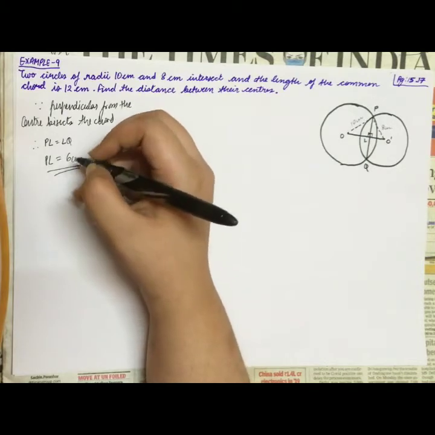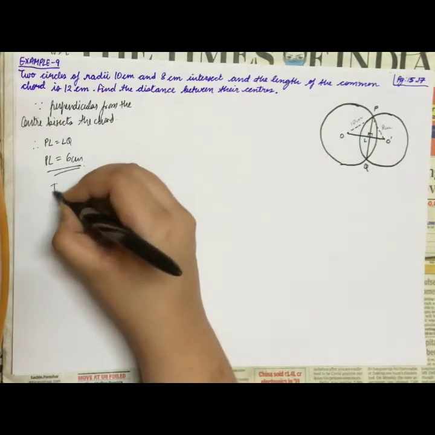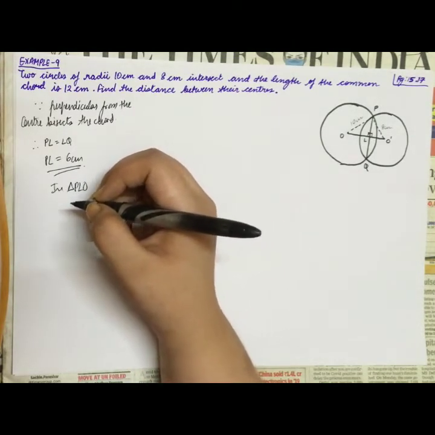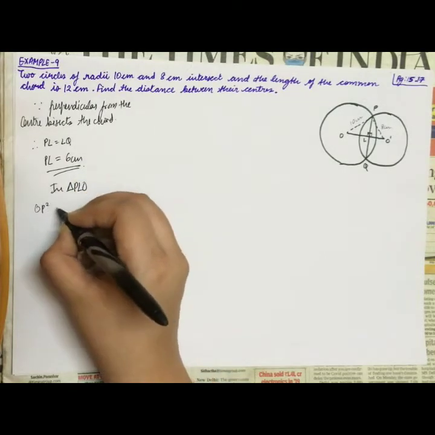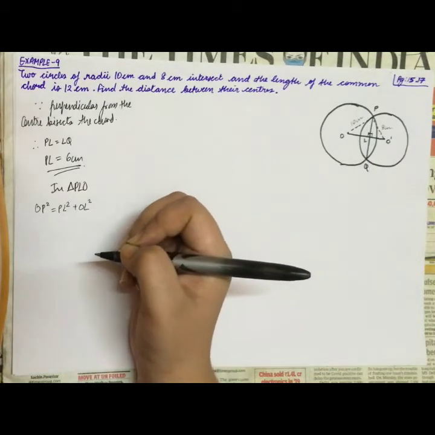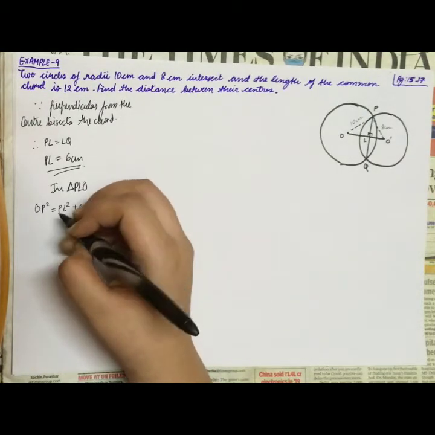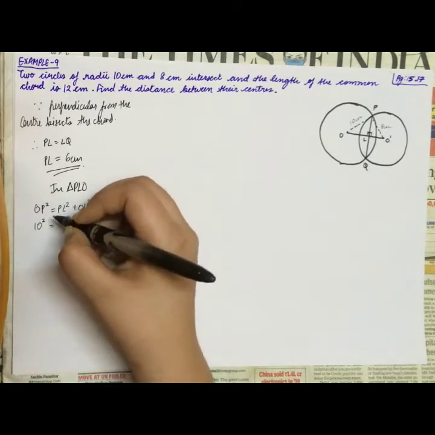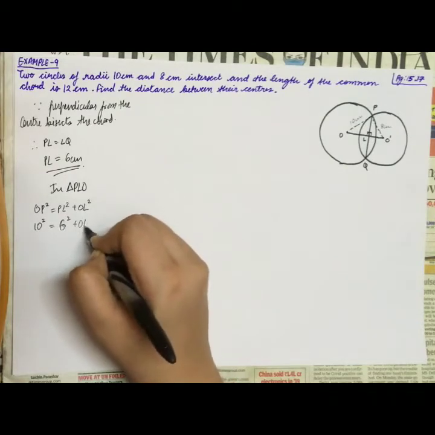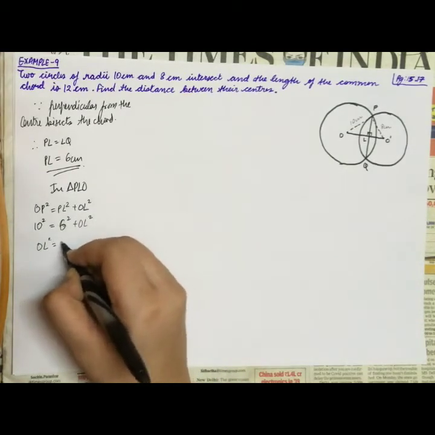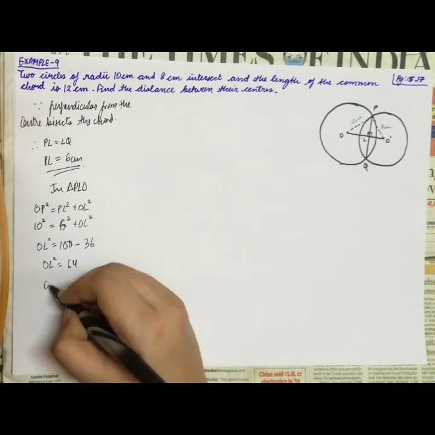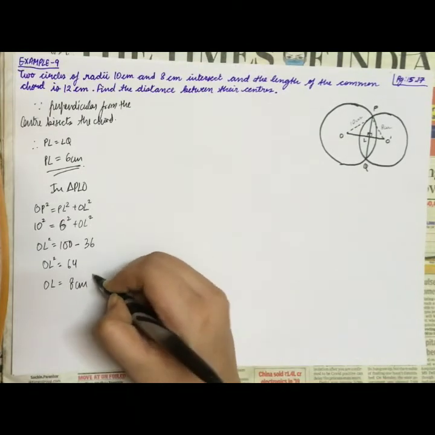Now in right triangle PLO, which is right angled at angle L, so OP square is equal to PL square plus OL square because of the hypotenuse rule. Therefore we will put the values now. 10 square is equal to PL, we find as 6 square plus OL square. Now OL square is equal to 100 minus 36. OL square is equal to 64 and OL is equal to 8 cm.